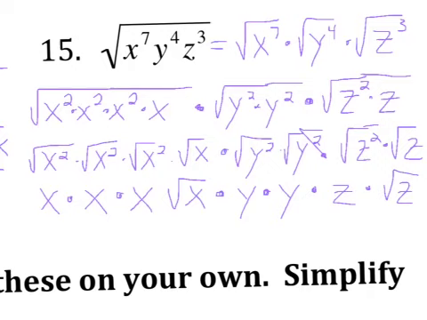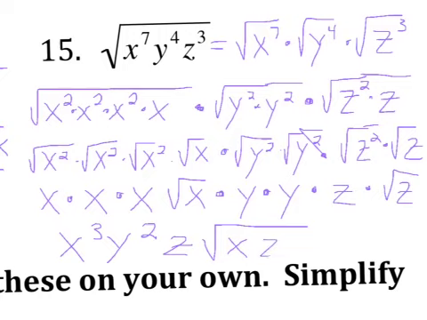So it looks like we have 3 x's outside the radicals. That will be x cubed. We have 2 y's, y squared, 1 z, and then still inside the radical is an x and a z. So that is our final answer for 15.